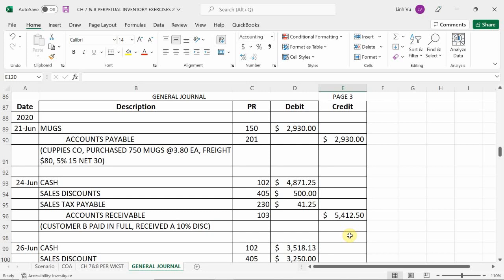Half of 38 cents, right, per cup. Half of 38 cents? Yeah, because 10% of each cup is 38 cents. Well, in this case, my vendor only gave me a 5% discount. Yeah, so half of 10% is equal to 5%, isn't it?